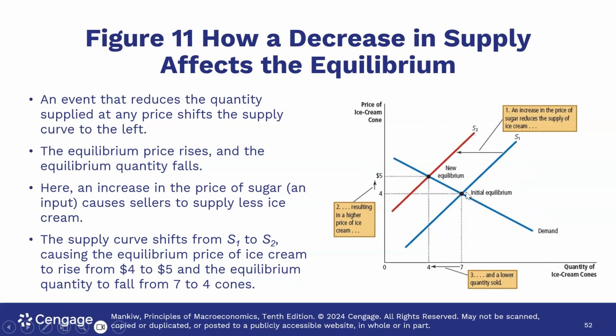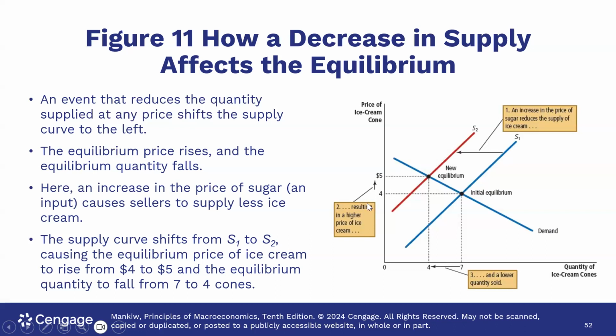So you can see normally the seller will make a decision on the price, and the buyer will respond to that change in price, right? Like an increase in the price of sugar causes sellers to supply less ice cream. So you can see that this increase in the price is also consistent with our observation.